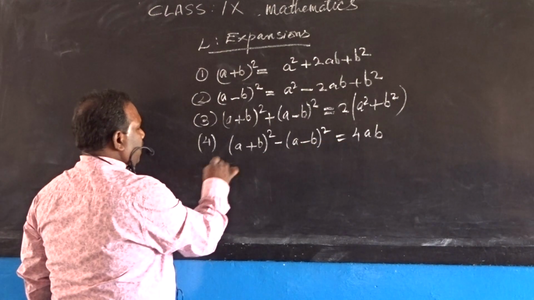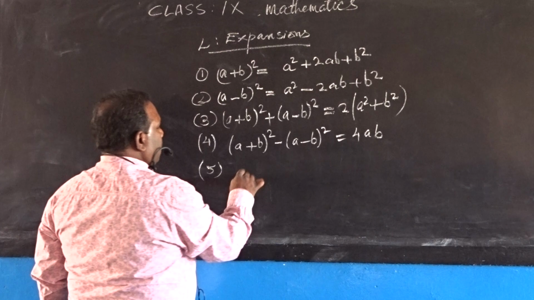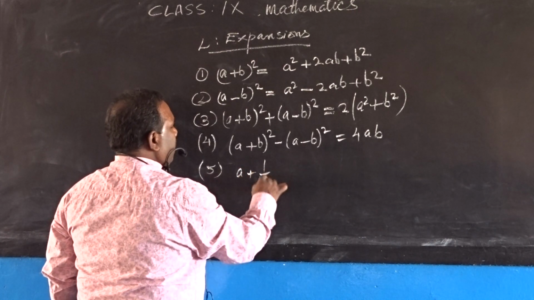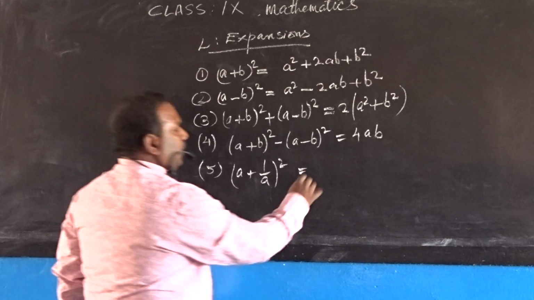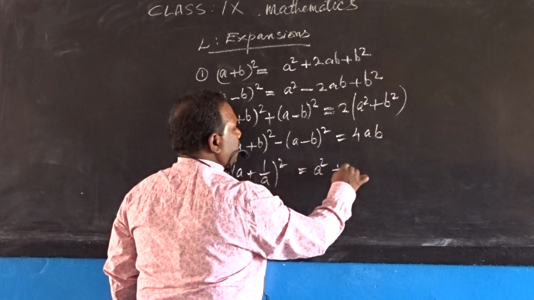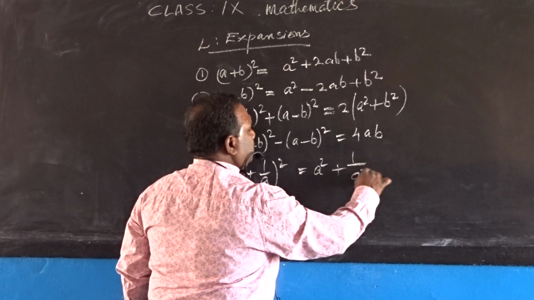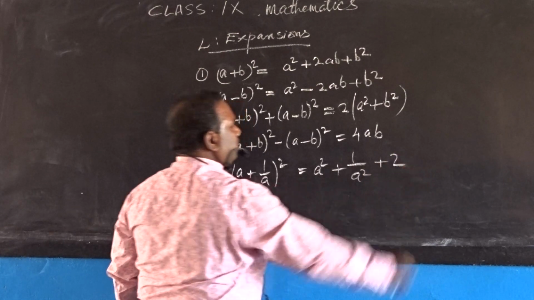Then fifth formula, (a plus 1 by a) all square is equal to a square plus 1 by a square plus 2.